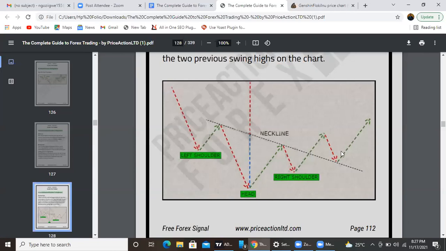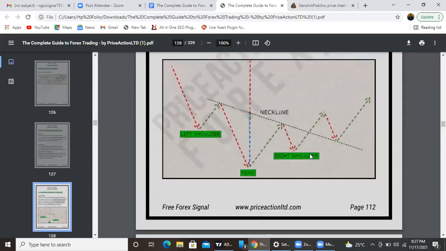This is what you need to confirm an inverted head and shoulder. So you can long the market from here with higher confidence because you see that the pattern is valid until this neckline is broken and closed below. That's when this pattern is invalid.